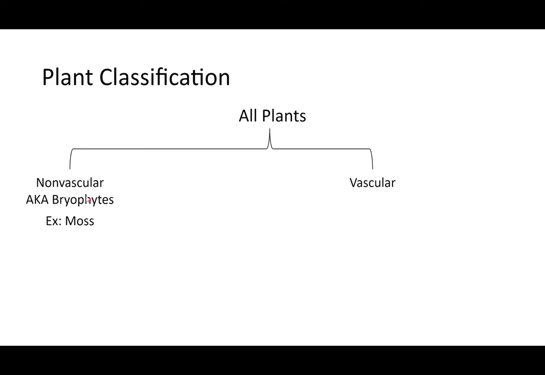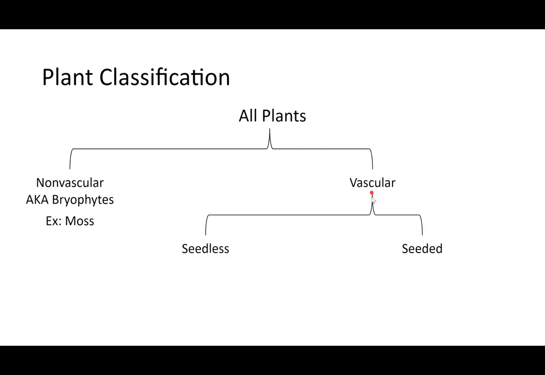These are also called bryophytes. And some examples of bryophytes are mosses. So all plants are divided into either non-vascular or vascular. So I've started with all plants, and then I just split far to the left for non-vascular, and then all the way to the right for vascular.